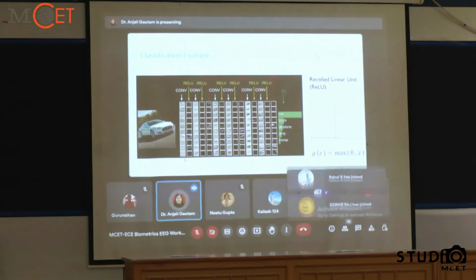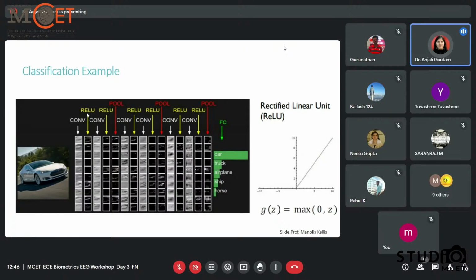Finally, after convolution there is the ReLU. This is the rectified linear unit, and you can also call it the activation function. In normal machine learning you may have studied the sigmoid function, tanh function, etc. But in classification in a CNN model, ReLU has given better results compared to sigmoid and tanh functions.